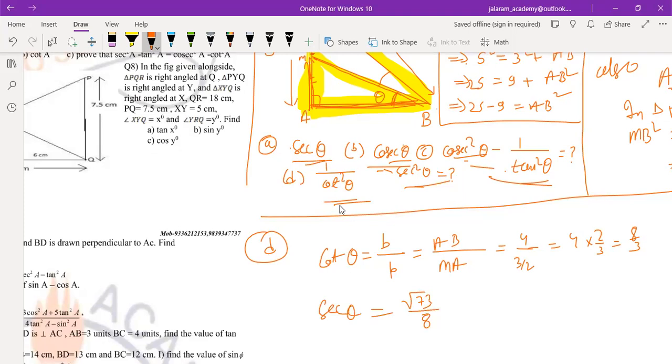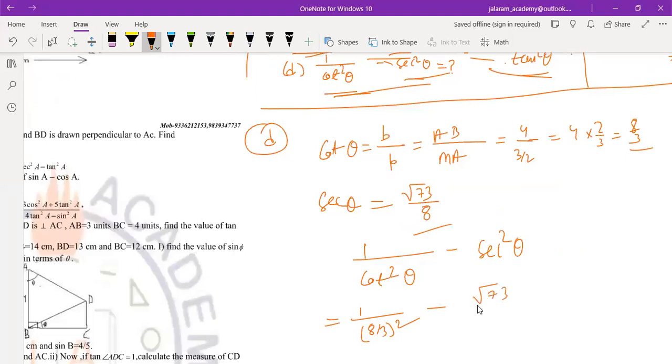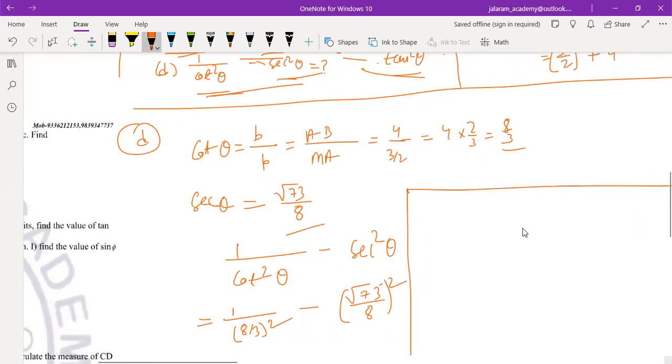Now what we have to find? 1 by cot square theta minus sec square theta. So 1 upon cot theta is 8 by 3 whole square, minus sec theta, which is root 73 by 8, whole square, equals 9 by 64 minus 73 by 64.